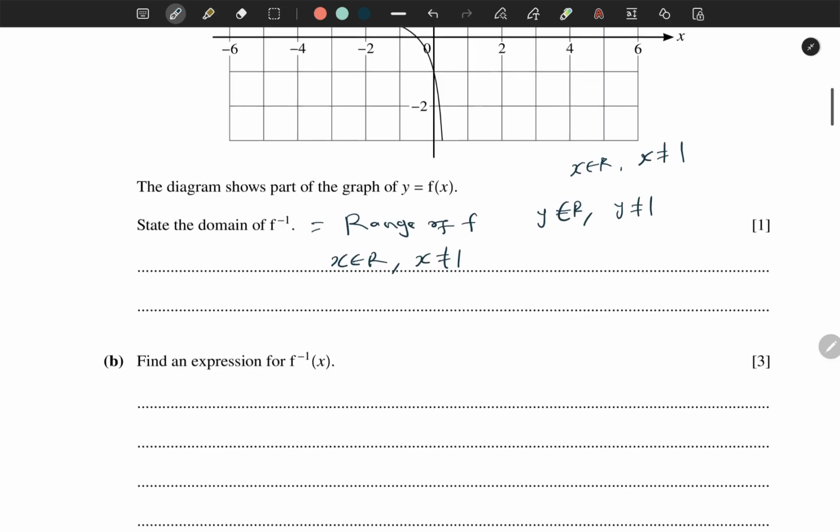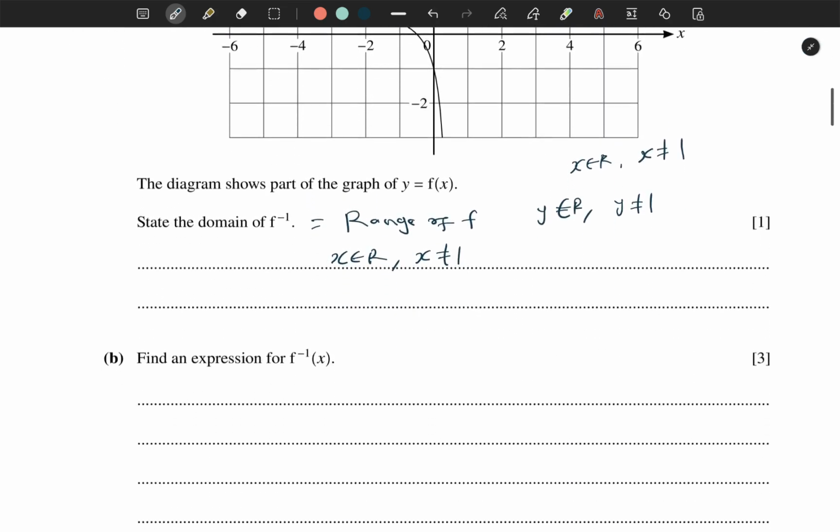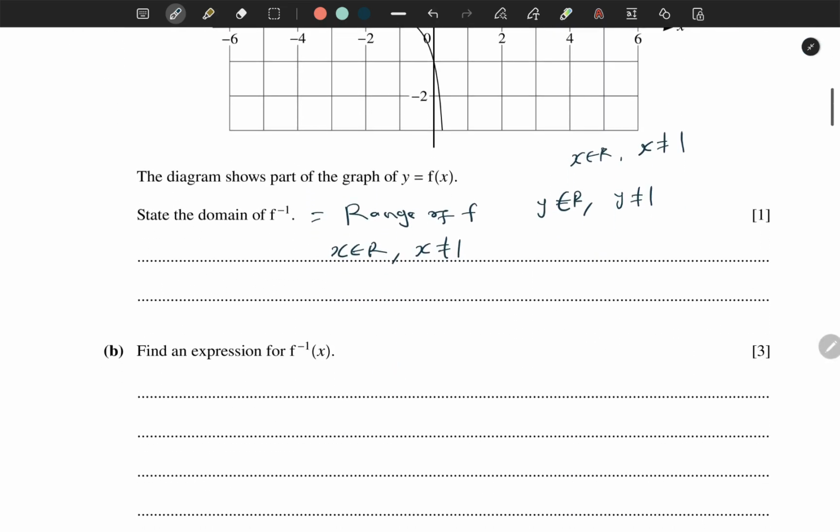Now part b: find the inverse of f. Remember f of x is given to be 2x plus 1 over 2x minus 1. To find the inverse of this function, represent it as y as usual, so you have y equals 2x plus 1 over 2x minus 1.